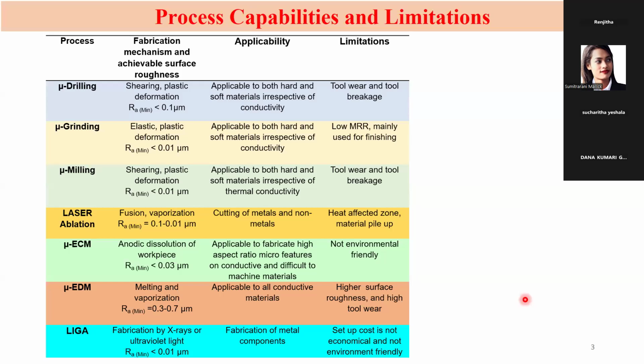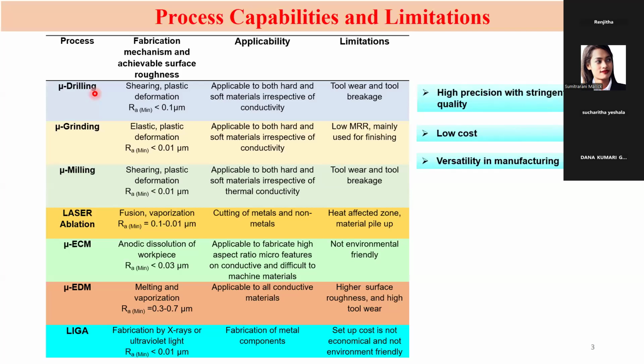Among them, this array of pins is majorly made by micro milling, micro EDM, and micro grinding also, and drilling also. Among these processes, obviously every process has its own advantages and some limitations in its own way.